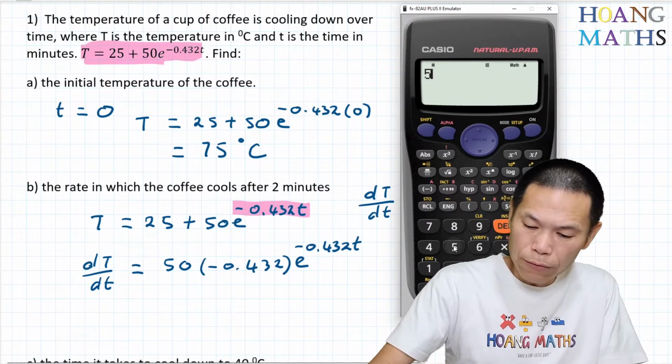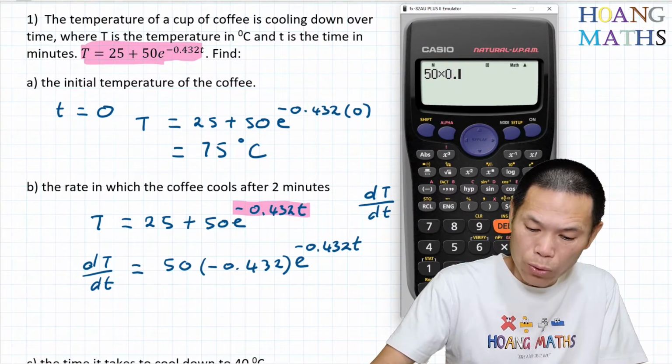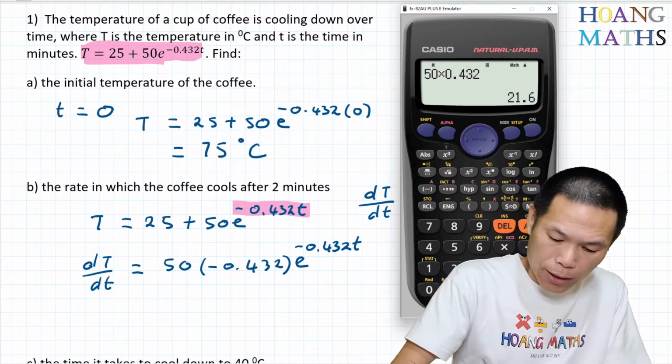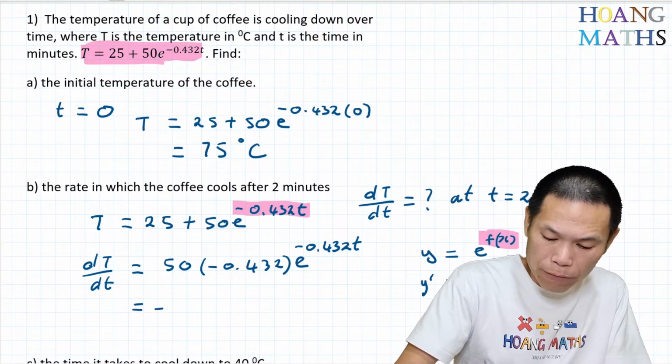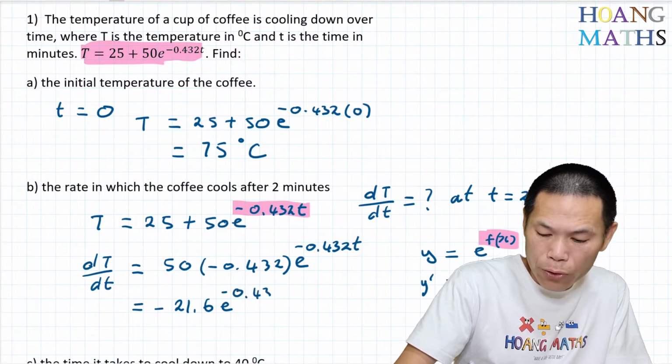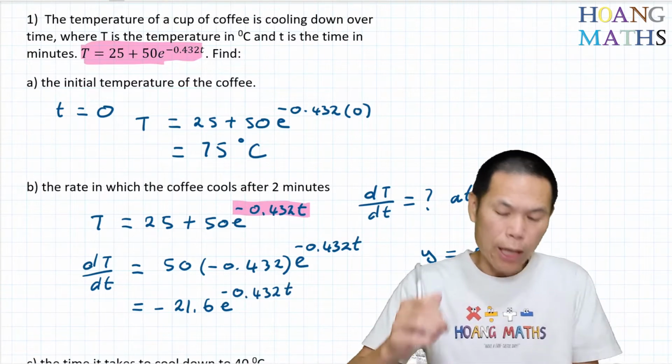So just go 50 times 0.432. So the answer should be negative 21.6. So the answer is negative 21.6 e to the negative 0.432t. So that is the rate.